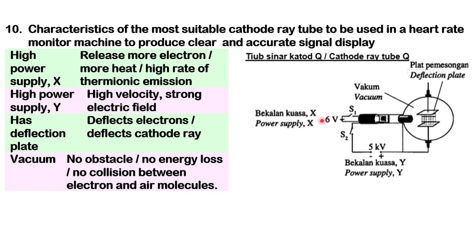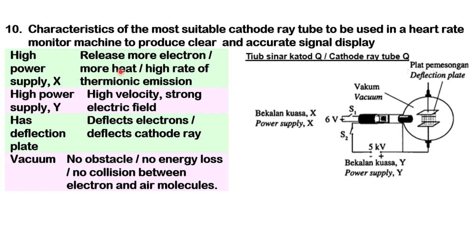The first one should have a high power supply X. In the question it gives you 6 volt or 1.5 volt, so the best is 6 volt. In this case, we do not write 6 volt, but we write high power supply. Why? Because we know that the power supply heats the filament to emit electrons.